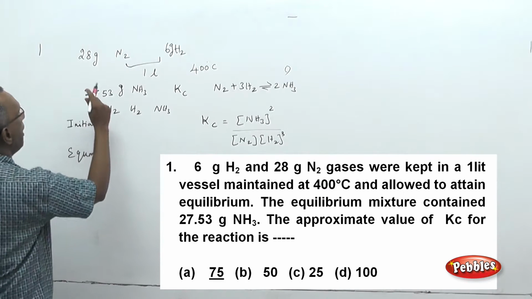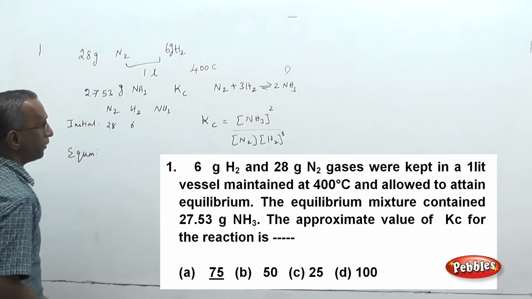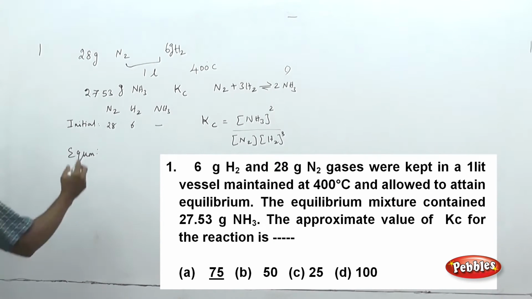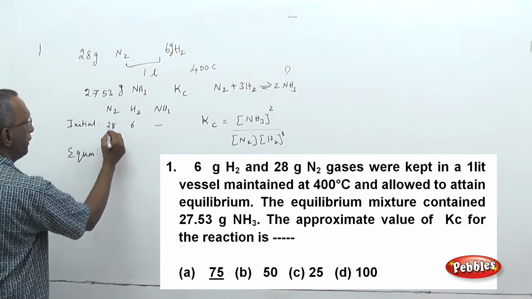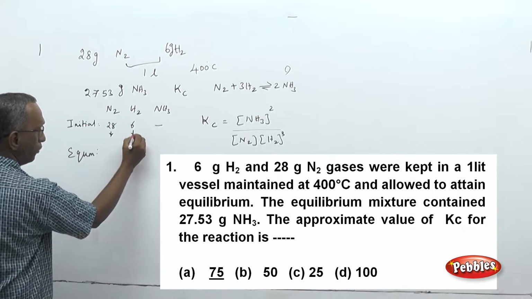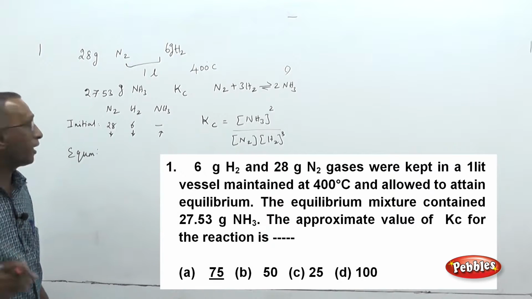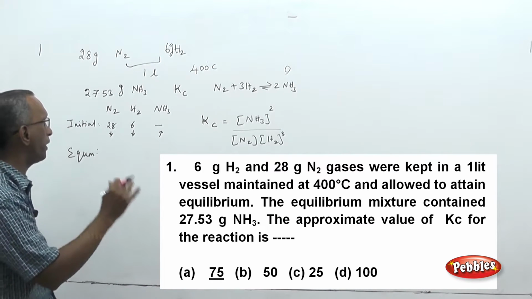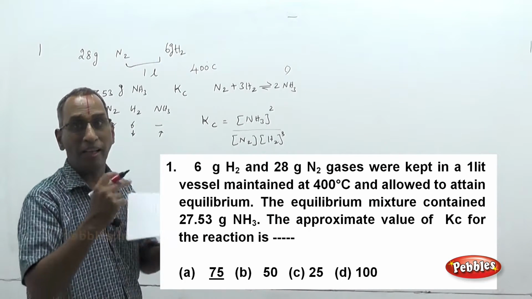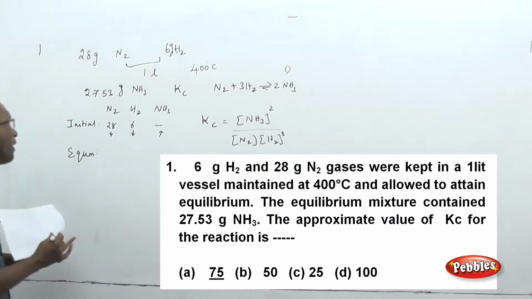Initially 28 grams of nitrogen is there and 6 grams of hydrogen is there. There is no formation of ammonia. And after the reaction proceeds, nitrogen amount goes on reducing, hydrogen amount goes on reducing, ammonia amount goes on increasing. At certain states, some fixed amounts of nitrogen, hydrogen and ammonia are present because of simultaneous reactions on either side, forward reaction as well as backward reaction.